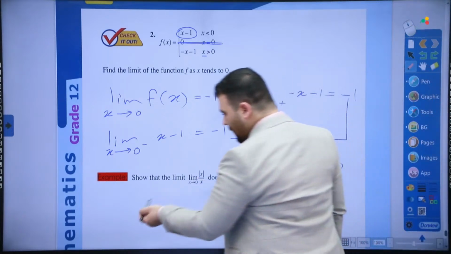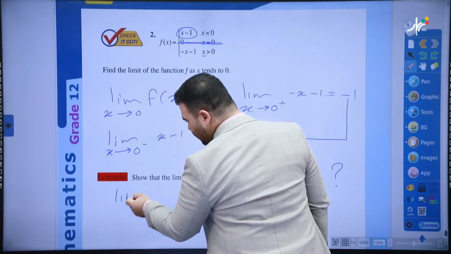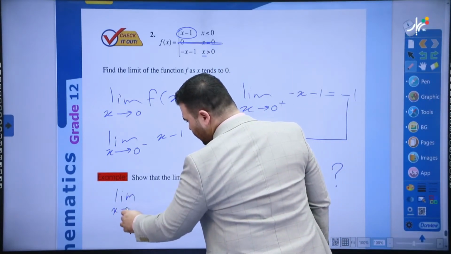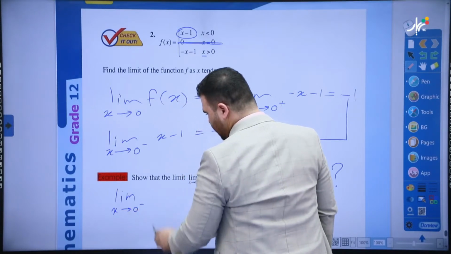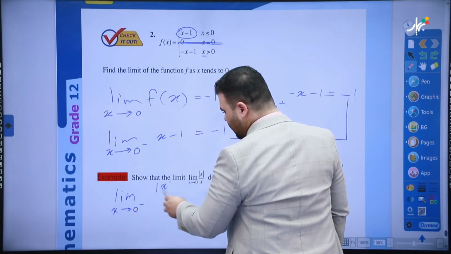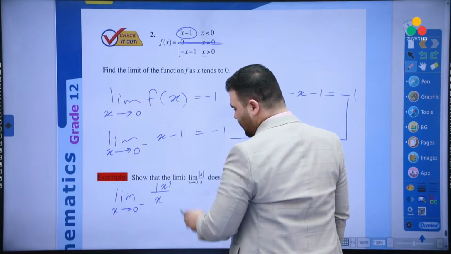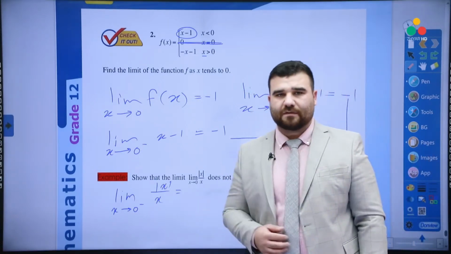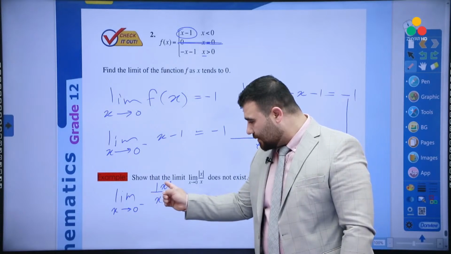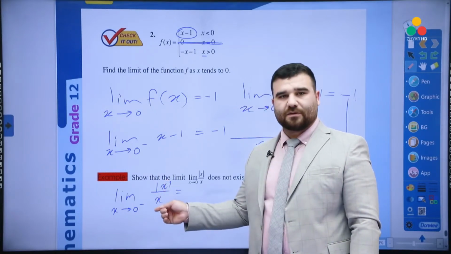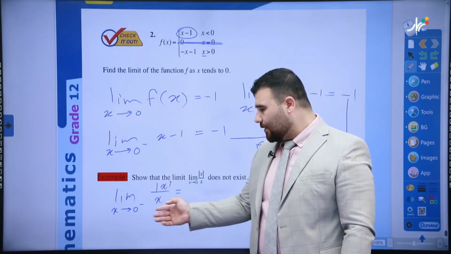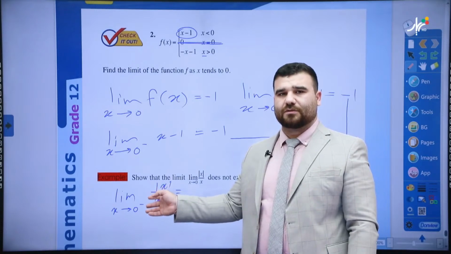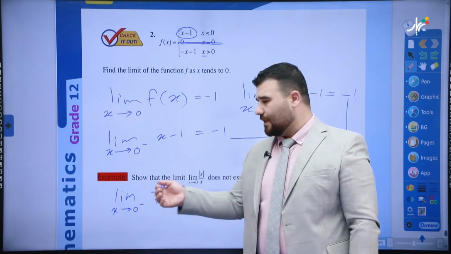Now look at this. If I write limit x approaching 0 on the left side for absolute value x over x. On the left side of 0, what do we have? If I directly put the 0 here, it will be 0 over 0. There is a problem. Then I'm going to put a number that is too close to 0 on the left side.